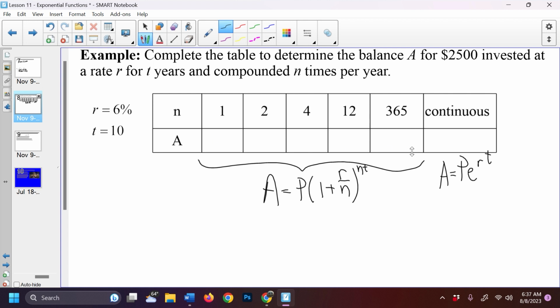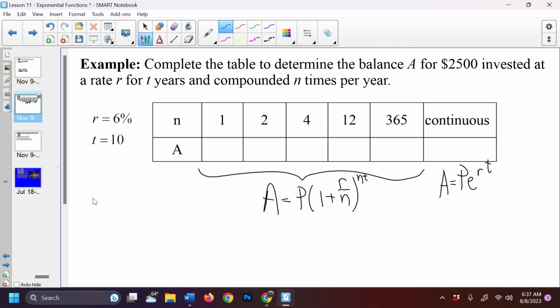And anytime you have to do multiple calculations, we're just going to make a table. Let's fill in the formulas with the given information, and then go back to Desmos. So we will have A is equal to, our principal is 2,500. We have 1 plus our rate is 6%, so we'll change that to 0.06.